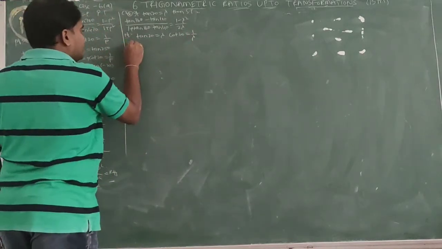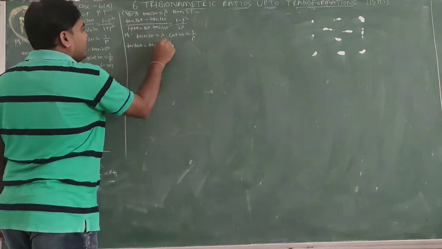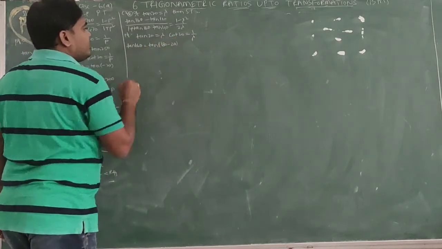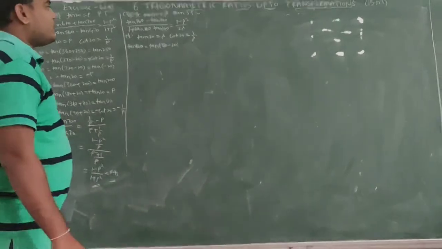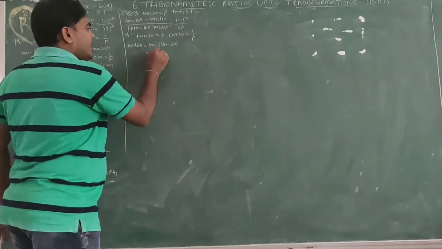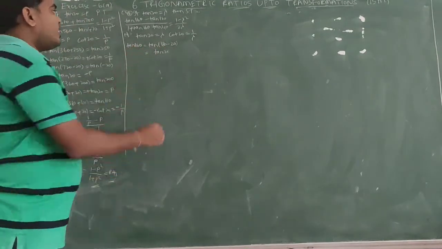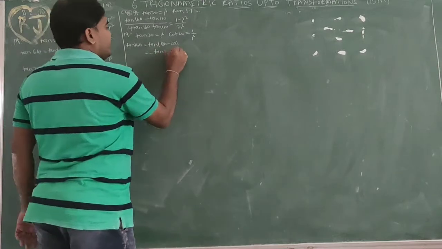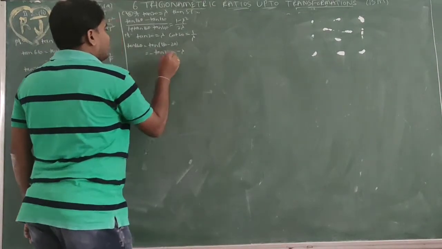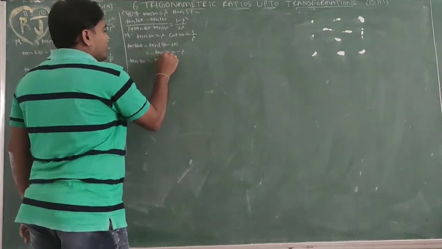Tan 160 equals tan of 180 minus 20. Since it is 180, tan will stay tan 20, and 180 minus is the second quadrant, so minus tan 20, which equals minus lambda. Next, tan 110 equals tan of 90 plus 20.